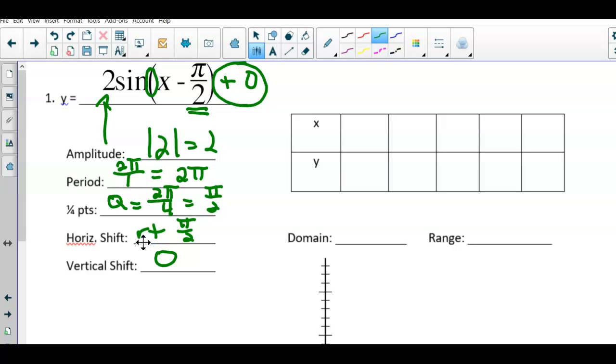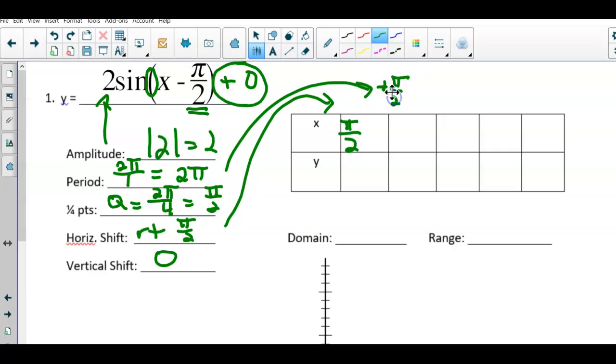Now we have to come up with our chart. So the first thing is the x values. We have to know where we're starting and what the quarter points are. Well, the horizontal shift tells me where I'm going to start. I'm going to start at pi over 2, moving the graph over pi over 2. The quarter point is going to get added to that.